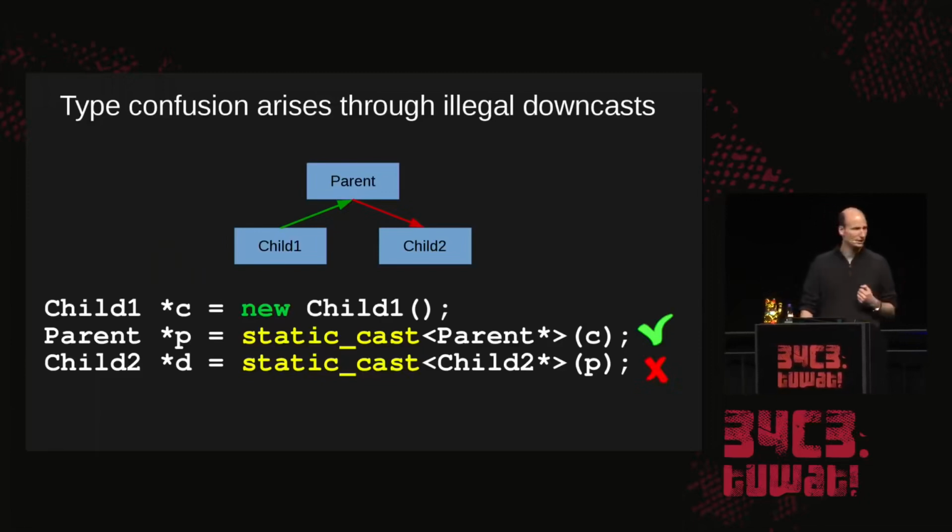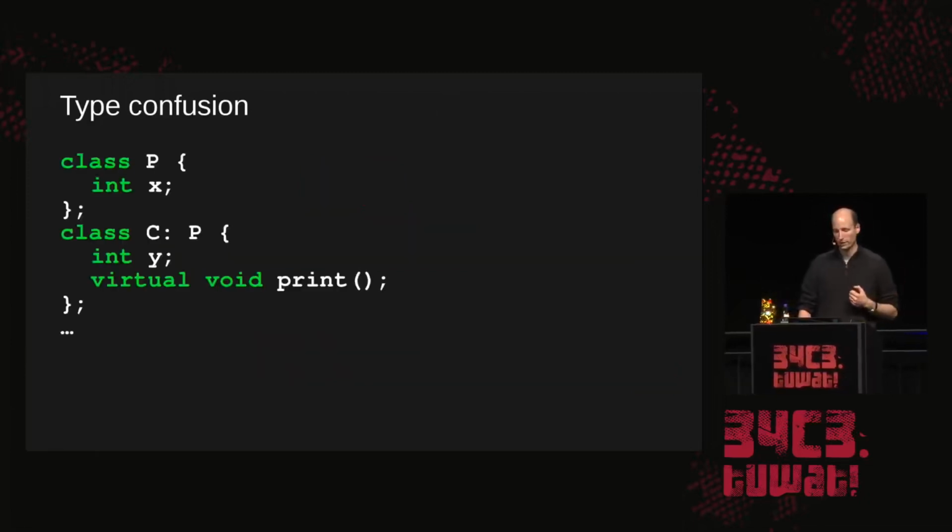Let me give you a little bit more detail and background on the type confusion. We have the parent class and the child class, and I'll break it down to just parent and child to make it a little bit easier. Now, the parent object only has a single variable inside it, called int, of an int type. And the child class has a second int type and a virtual function called print.